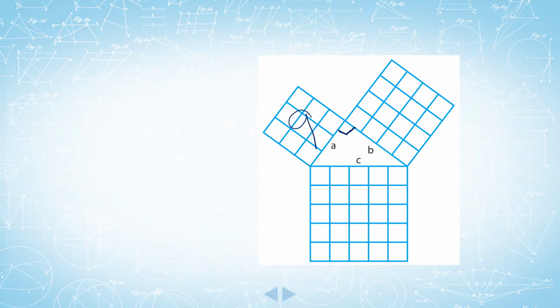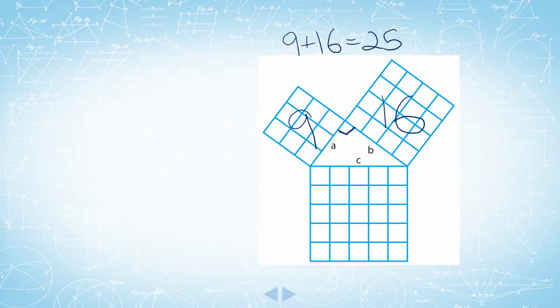If side B is 4 units, 1, 2, 3, 4, and then we make a square out of it, 4 by 4, this one is 16 units. Then if we add those together, 9 plus 16 is equal to 25.